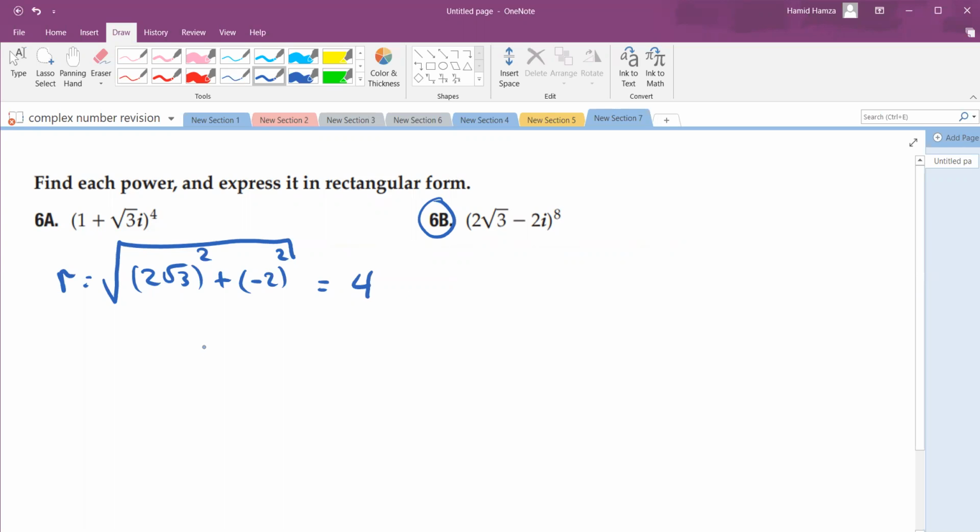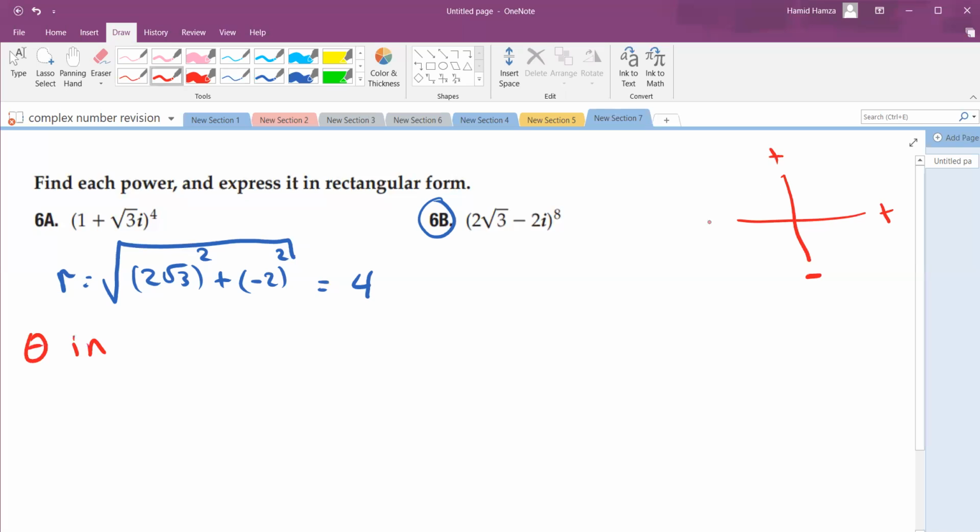Okay, now we want to find theta. So theta is in what quadrant? The first one is positive, the second one is negative.